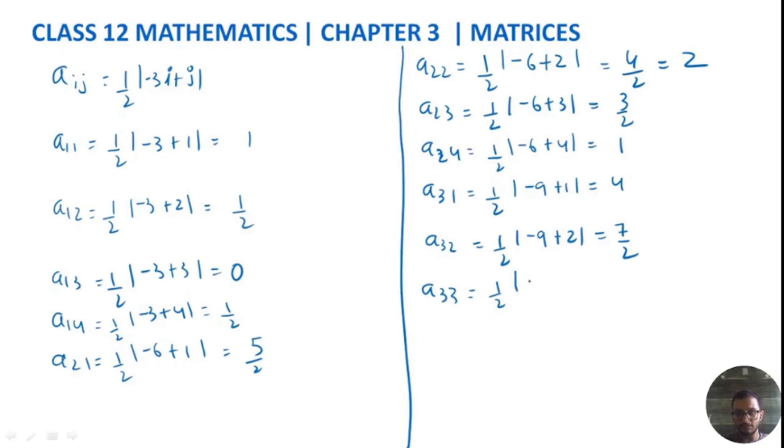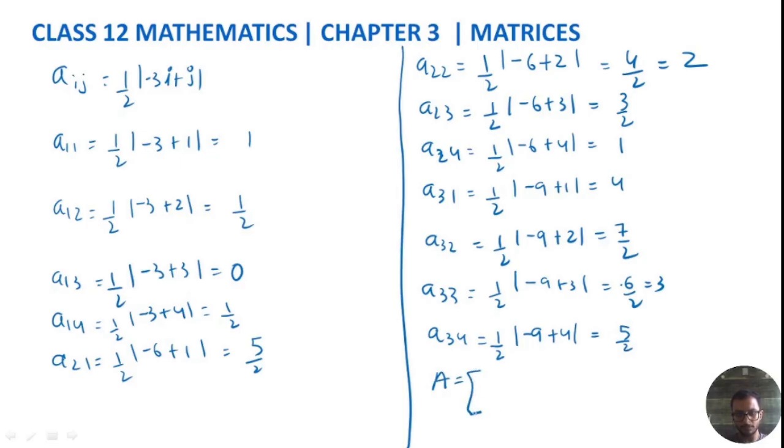And A33 will be minus 9 plus 3, that will be minus 6 by 2, that is, modulus of minus 6 will be 6 upon 2, that is 3, and the final element A34 will be 1 by 2 modulus of minus 9 plus 4, it will be 5 by 2. So these all are our required elements.